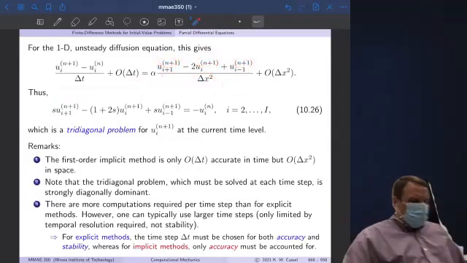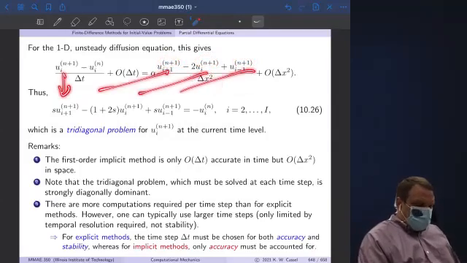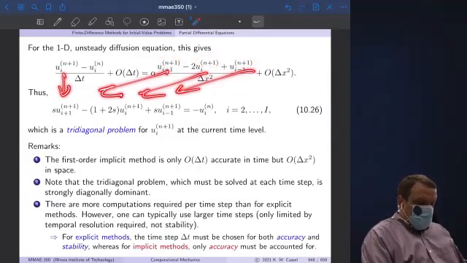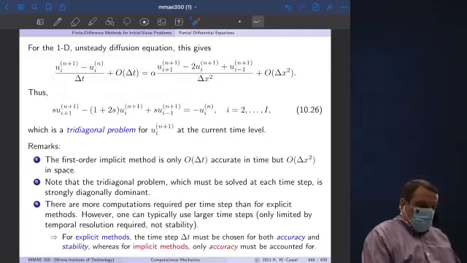Now those three are all unknown. So all of these come to the left hand side. The only thing we do know is this term. So that's the only one that goes on the right. So now we have u_(i+1), u_i, u_(i-1) as unknowns at the n plus first time level.